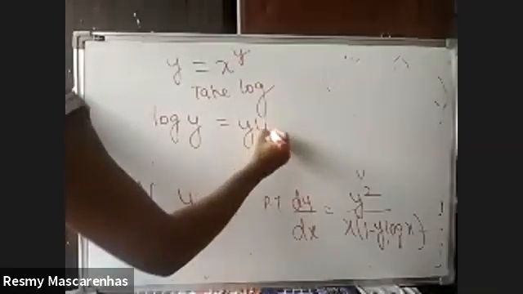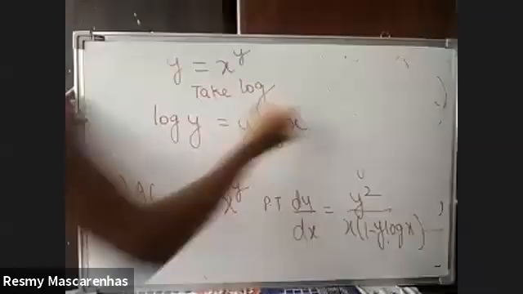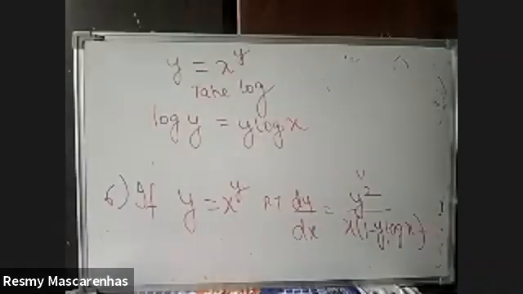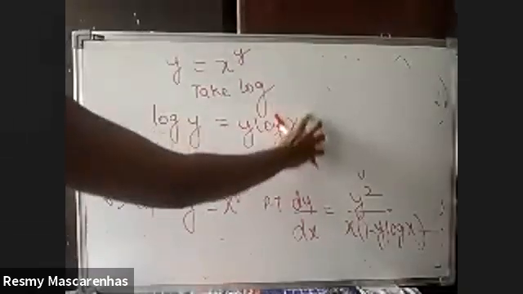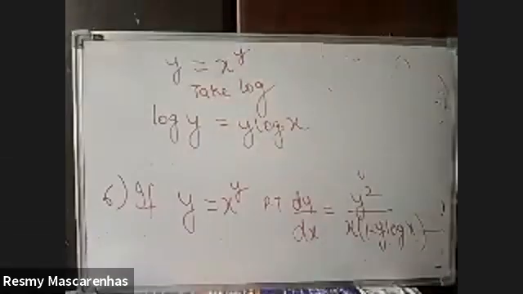So this will be y log x. I've skipped the step. It is log of x raised to y, so I have to bring y out over here. The power will always come out as a coefficient.